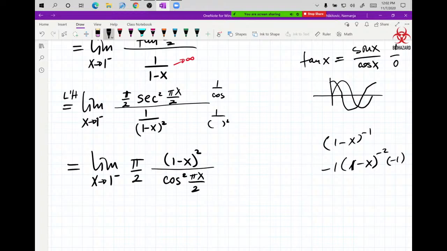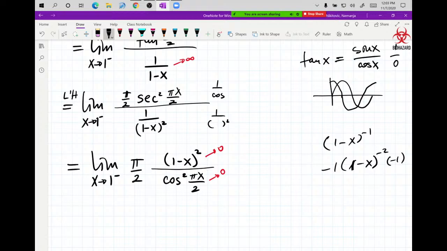So write these things out if you don't see it at this point. Now, cosine of pi over 2 is 0, and the top is 0. So it seems like we got nowhere, right? This is going to 0. This is going to 0.